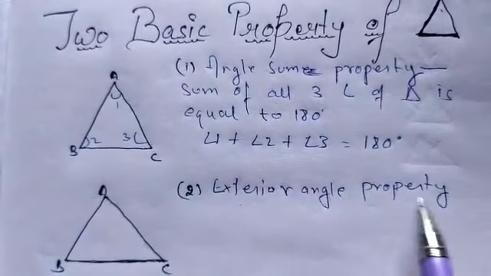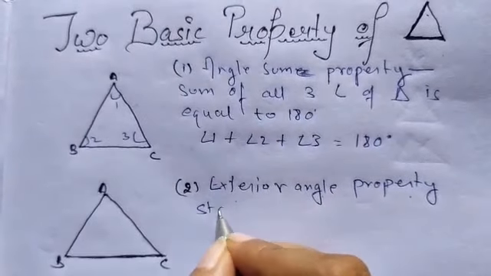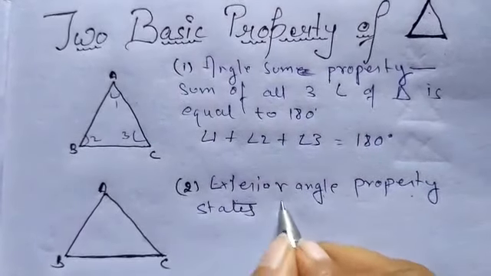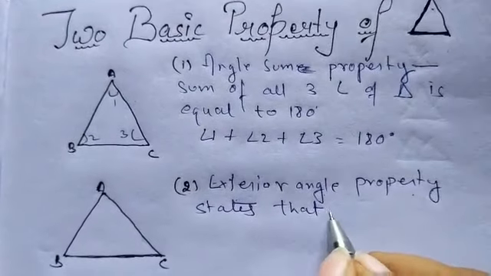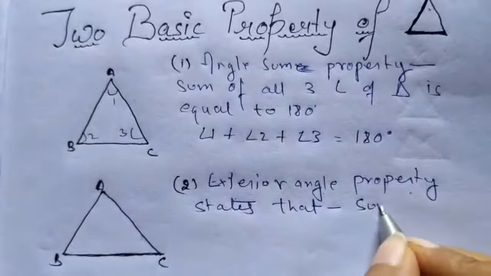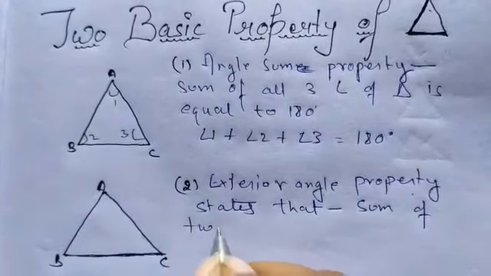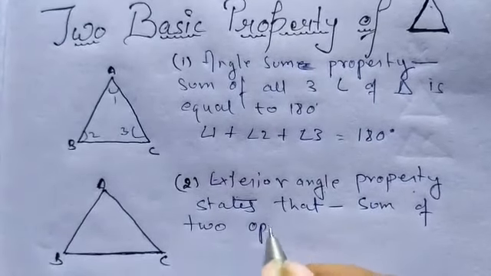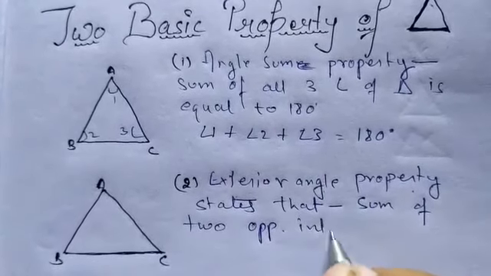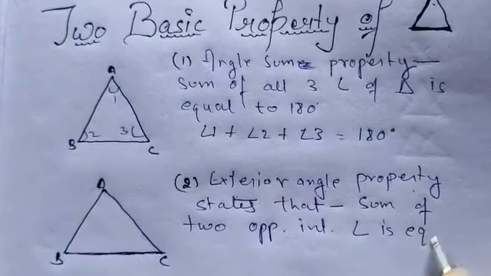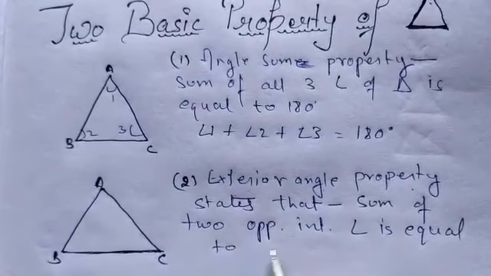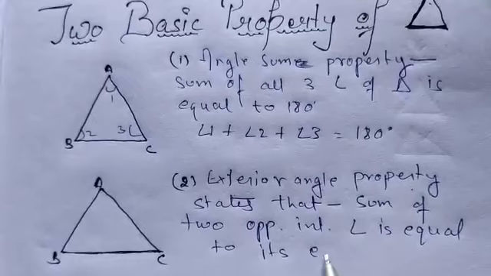while exterior angle property states that sum of two opposite interior angles is equal to its exterior angle.